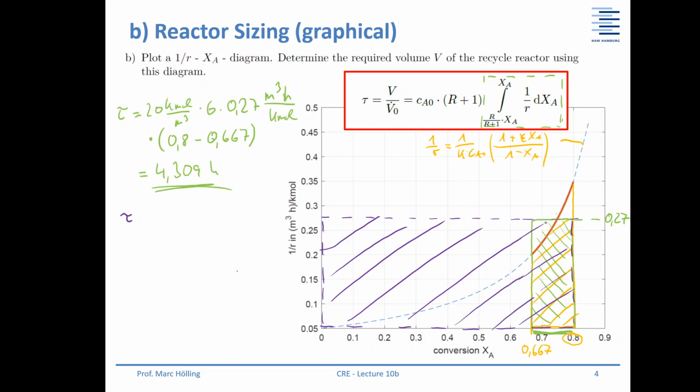From my perspective, it's even easier to calculate it like this.